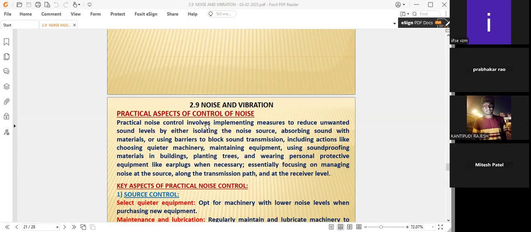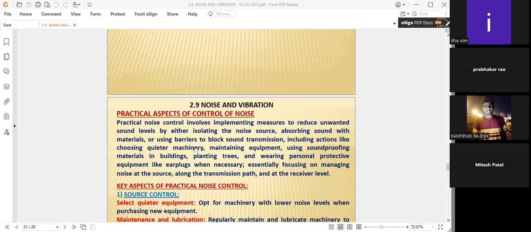Practical noise control involves implementing measures to reduce unwanted sound levels by either isolating the noise source, absorbing sound with materials, or using barriers to block sound transmission, including actions like choosing quieter machinery.